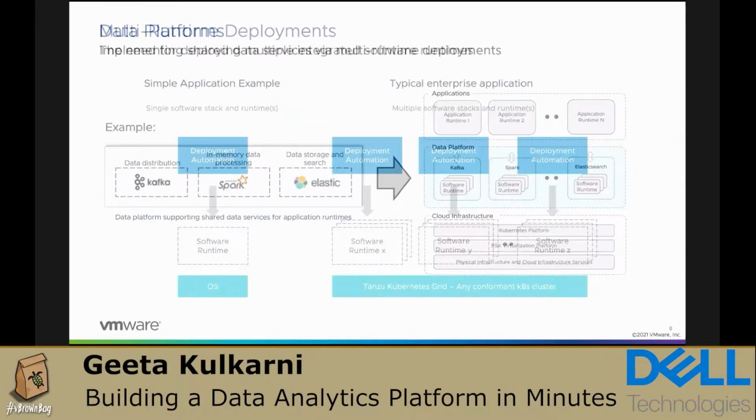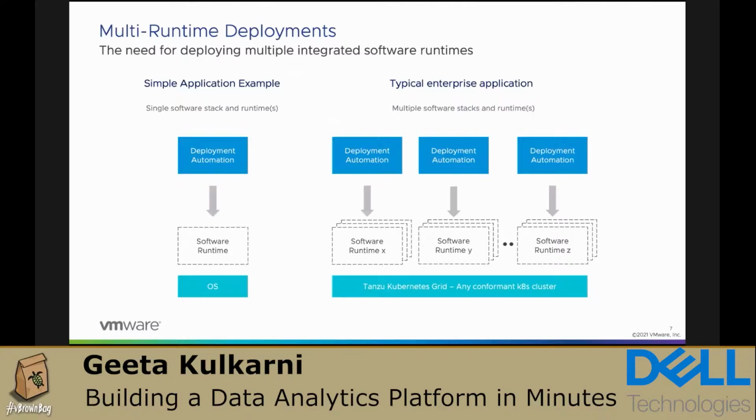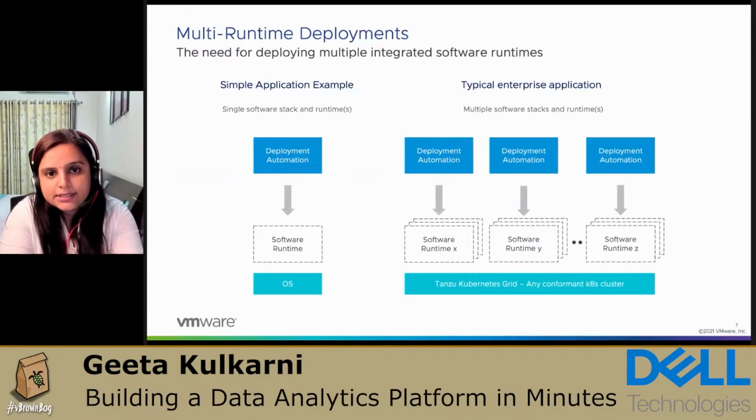Considering we have multiple different software stacks that form a single data platform, as against how it used to be earlier, where single software was deployed on dedicated hardware, the deployment automation now needs to cover the installation and configuration of these multiple software runtimes. They also need to take care of the placement of these software runtimes across the cloud infrastructure.